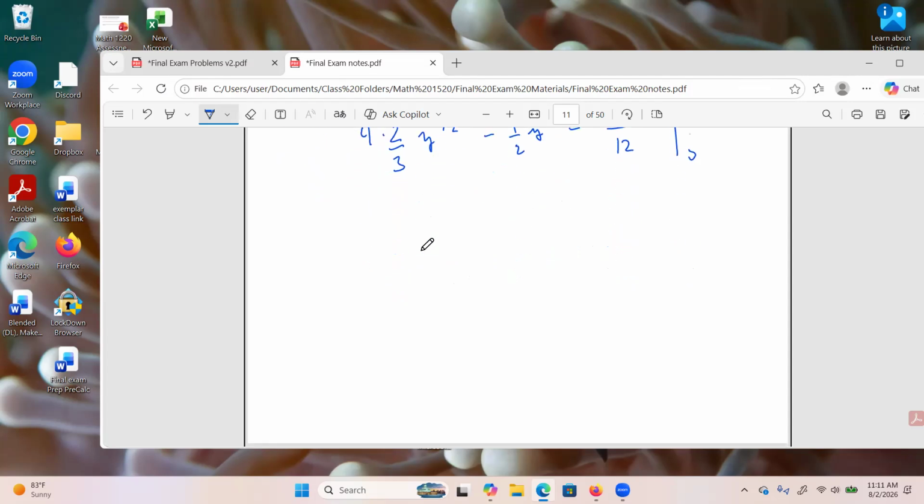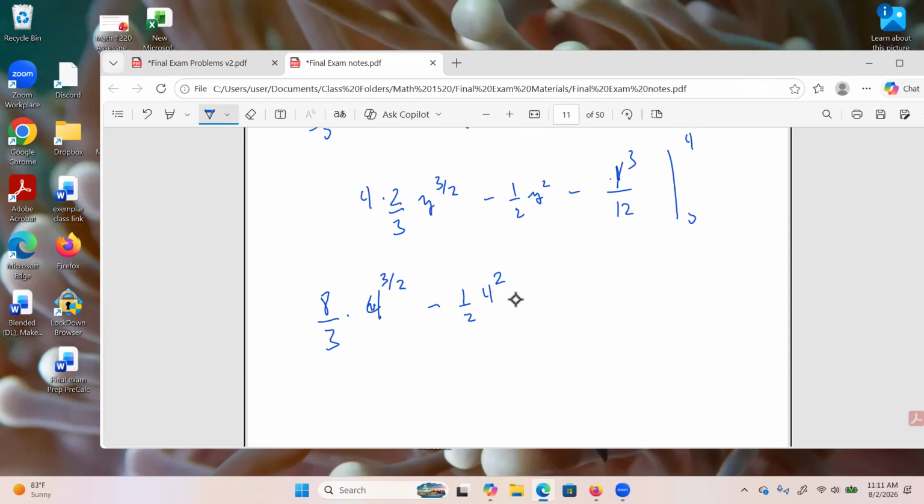Not too bad. So here we have 8/3 times 4 to the 3/2. I'm just going to plug in the 4 here. Minus 1/2 times 4 squared. Okay. Minus 4 cubed over 12.